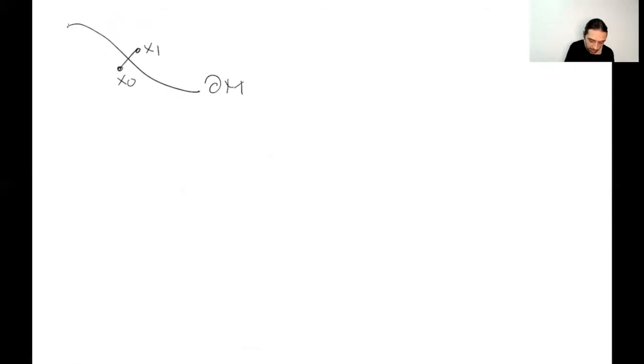So in this way we can actually consider a C infinity path going from x0 to x1 and intersecting the boundary of M once transversally. That implies that if this path is gamma, the invariant of gamma, x0, x1 is going to be the class of 1, okay?